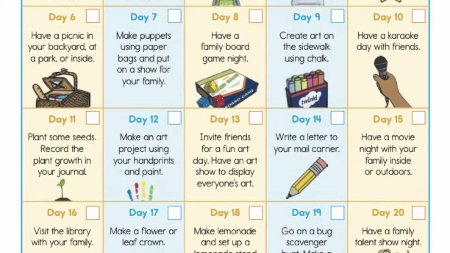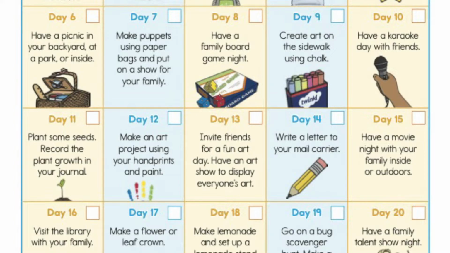Plant some seeds, record the plant growth in your journal. This might be important because all those seeds that I bought, none of them are flowering. We're going to take a look outside at those. Make an art project using your handprints and paint. Invite friends for a fun art day. Have an art show to display everyone's art.